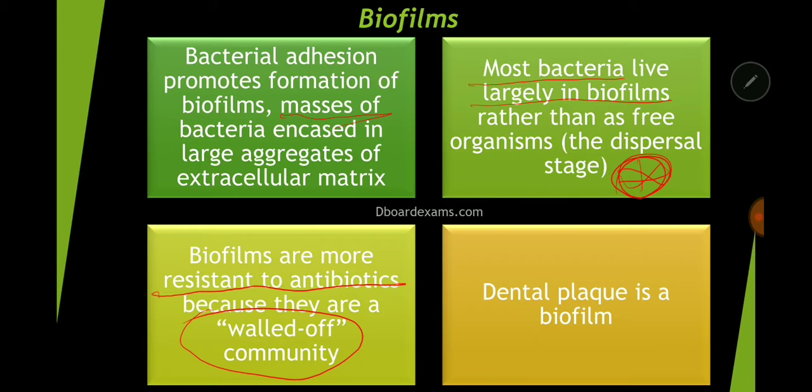So even the other bacteria which don't have any defense mechanism against that antibiotic still grow, because they're being protected. So you have to understand the biofilm. An example of biofilm is dental plaque or calculus.